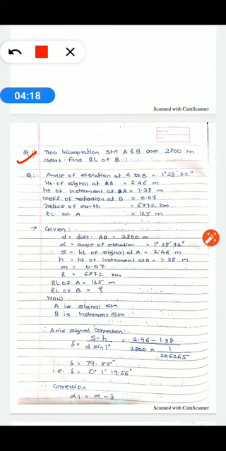Now consider the given data, that is angle of elevation at A to B is 1 degree 28 minutes 32 seconds, then height of signal at B is 2.46 meter, then height of instrument at A is 1.38 meter, then coefficient of refraction at station B is 0.07, meaning the value of m is given, then radius of earth, that is a constant value, 6372 kilometer, then RL of A is 125 meter.